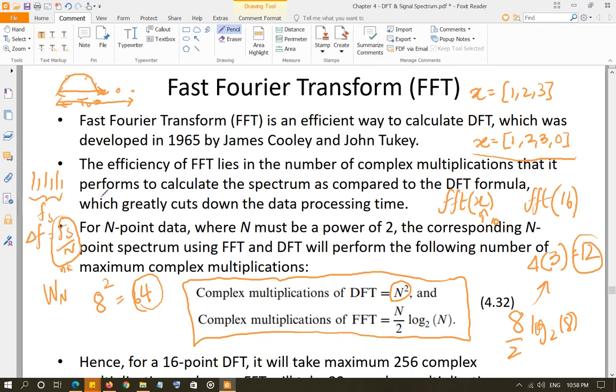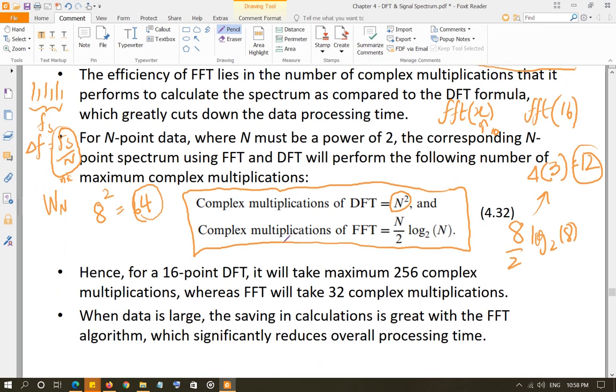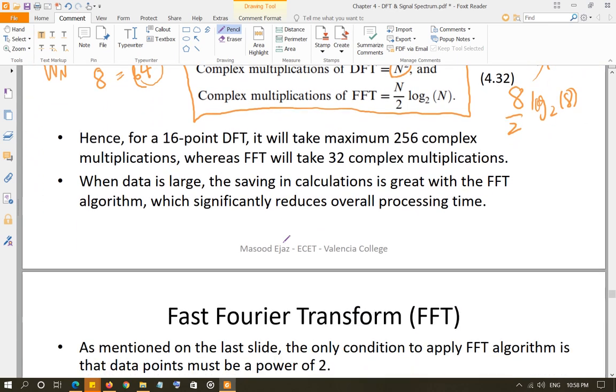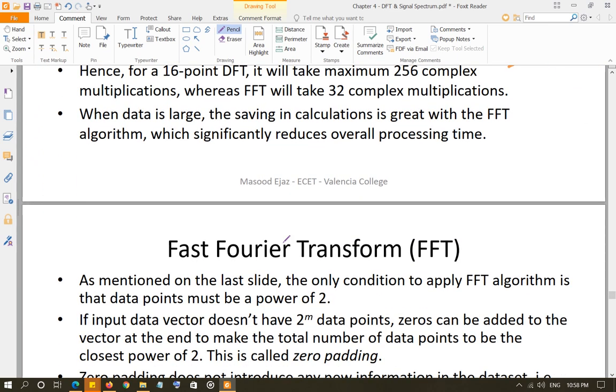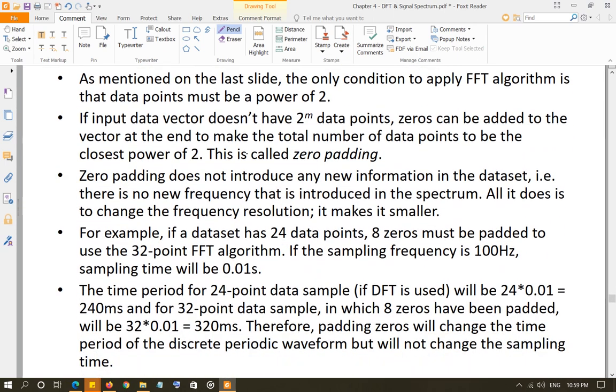Okay, alright, so let's move on and see what the formula, or the derivation, of FFT is. So I'm discussing zero padding over here. By the way, if you're using the FFT function, you don't have to physically go and add zeros. Let's say you have 100 points and you have to add 28 zeros to the 100-point input.